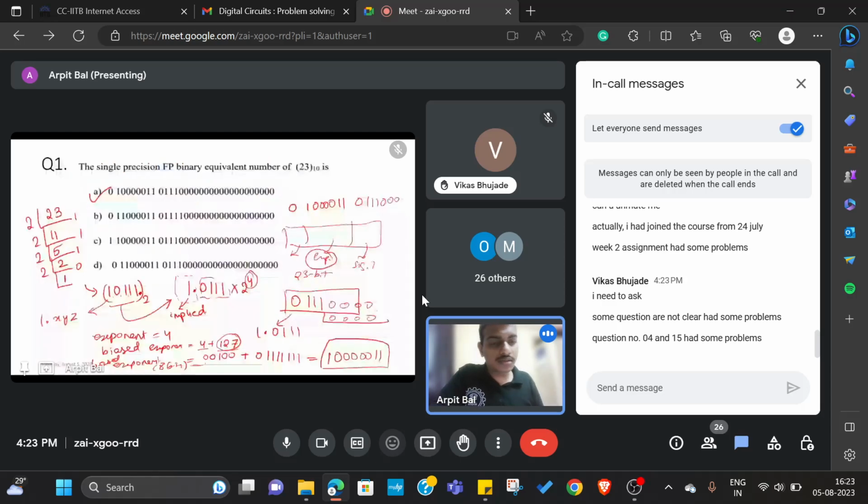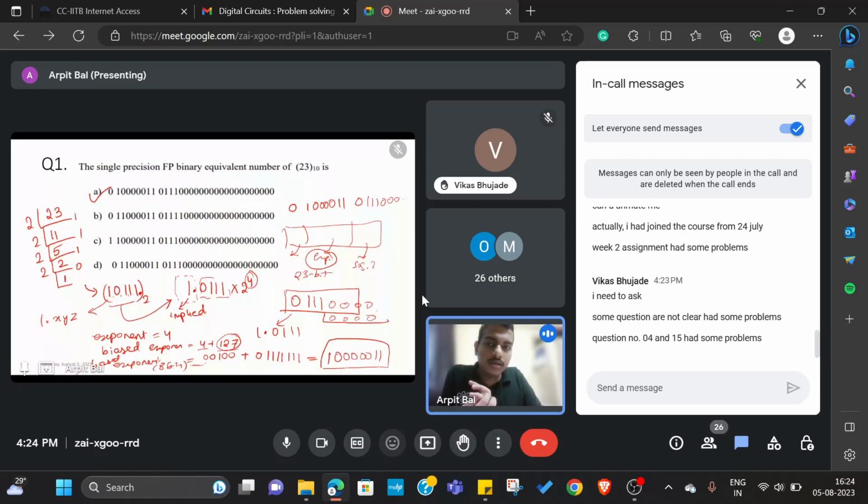Okay, starting with a very straightforward question on representing the number 23 in the single precision floating point binary representation. Okay, then we started solving it. First you convert 23 into the binary representation. From binary representation you move to the standard representation, which says where you place the decimal point exactly. Like in the simple representation, we will place the decimal point before any number starts, right?